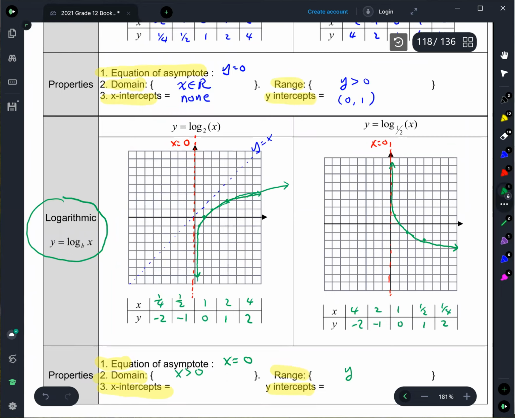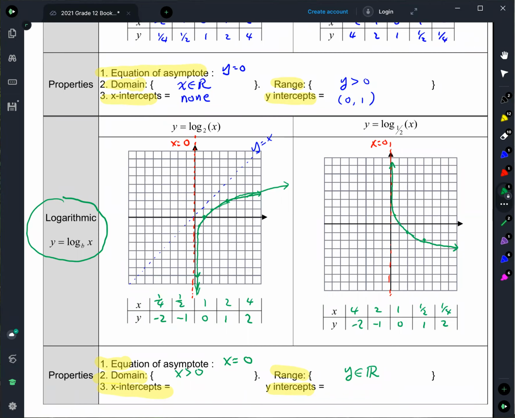Does it keep on going down? Yeah, and it doesn't stop. So what would you say if that happens? Going up forever, going down forever? It's all real numbers. Okay. So if it's domain, then you look at left and right. It keeps on going to the right. But when you try to go to the left, it's being stopped by the asymptote line. It doesn't go past to the negative side. So that's why it's greater than 0.